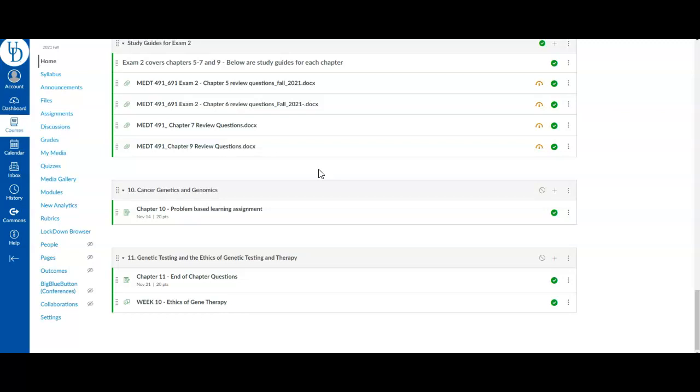A lot of it is going to be based on the problem-based learning assignments you have. There will also be Chapter 10 end of chapter questions that are going to be very specific. That's what the rest of the course is going to look like.